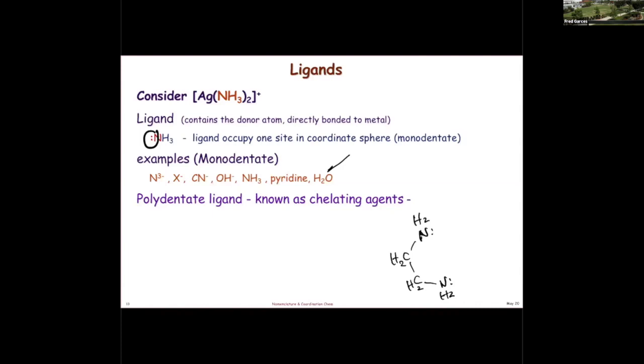What we tend to do is a shortcut. We don't write the hydrogen because the hydrogens are implied, and so we end up doing this. And we know that the hydrogens are there because nitrogen and carbon need to have 4 bonds.